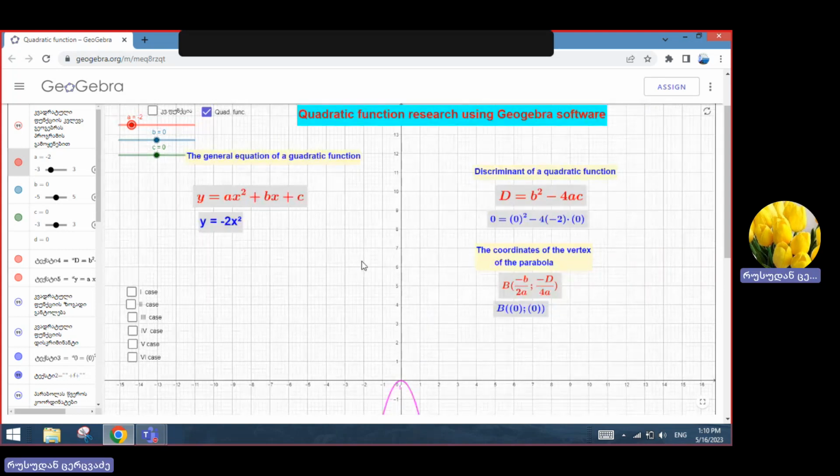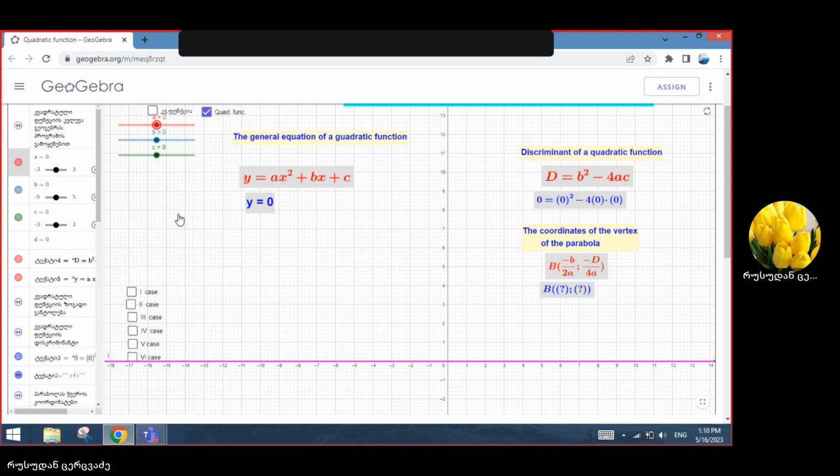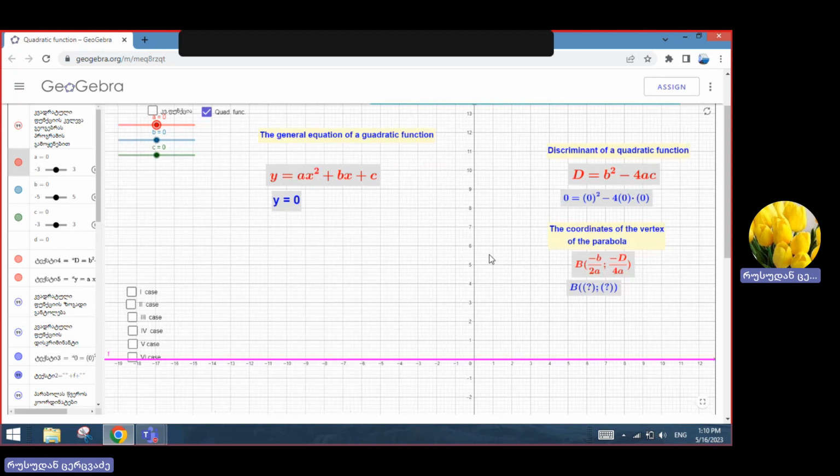If A is equal to 0, then we no longer have a quadratic function, and we have a linear function. So we can conclude that A shows where the branches of the parabola are directed.